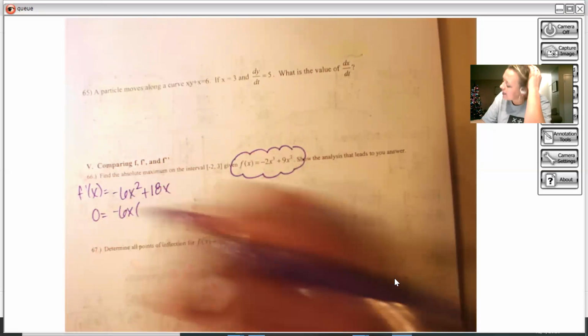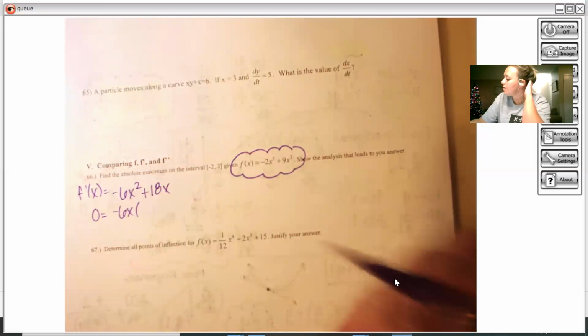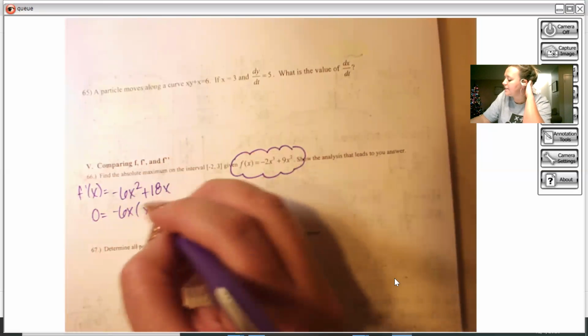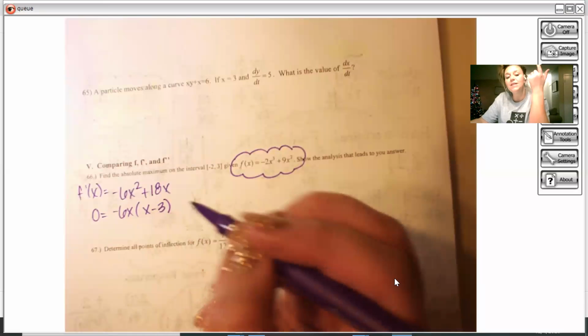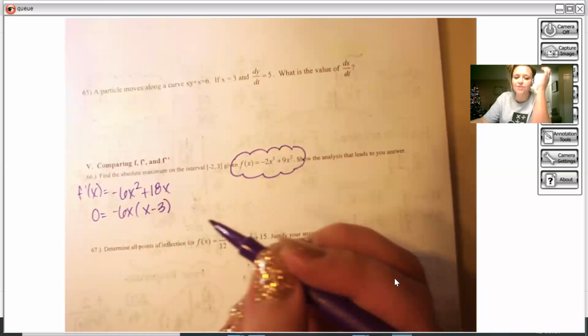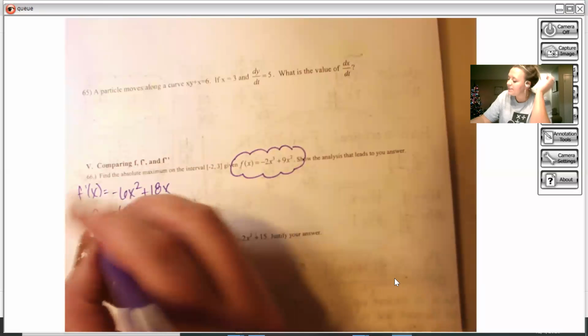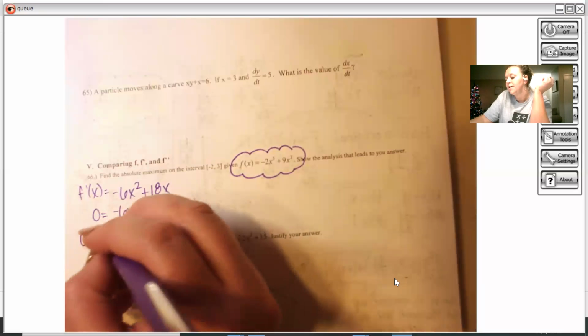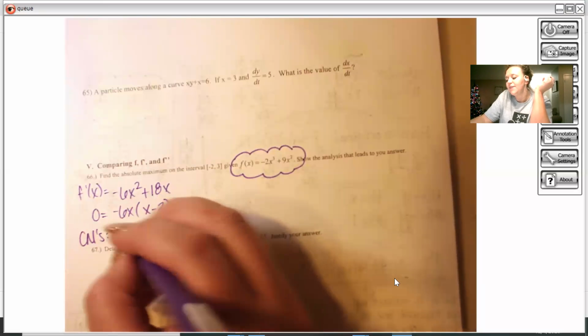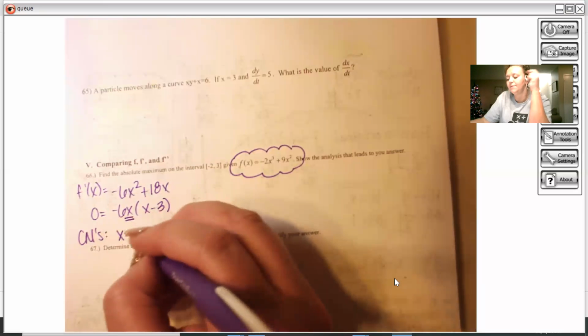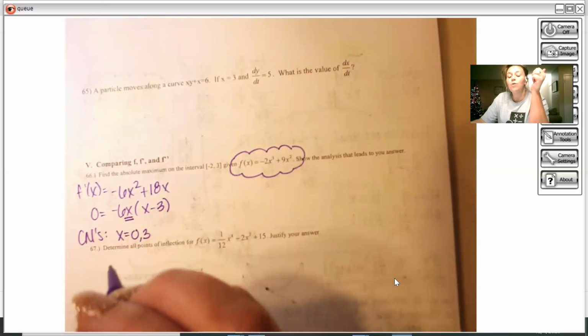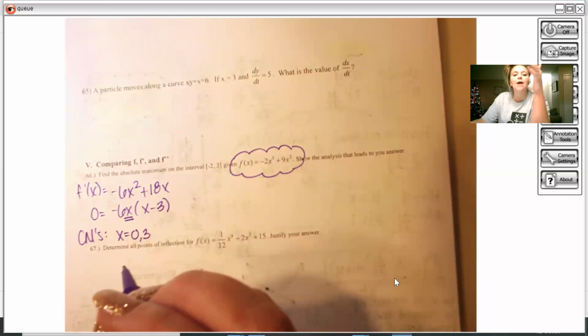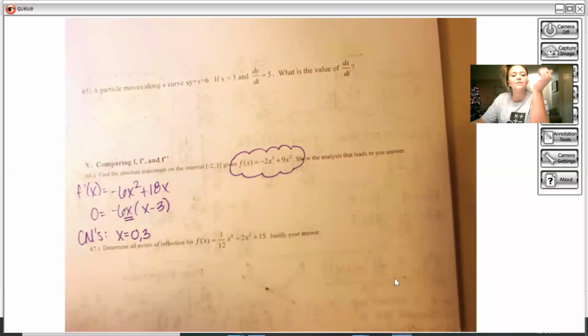Take a -6x out of that. Have an x left over and then a -3. Notice since I'm taking out a -6, that's why my 18 turns negative. Which means that my critical numbers are going to be 0 because of the x on the outside, and then 3. Now, if I wanted relative mins and maxes, I would check like a first derivative test.